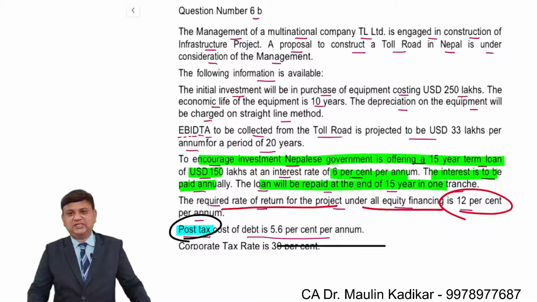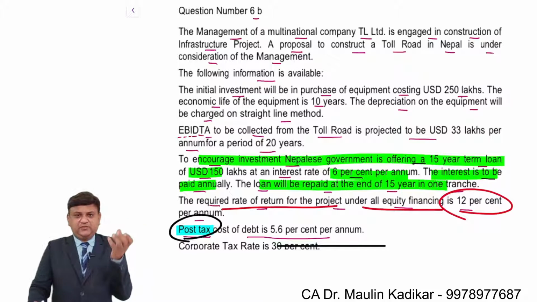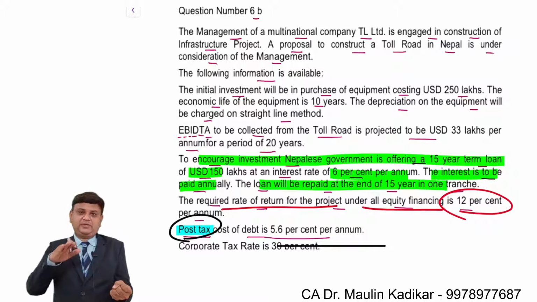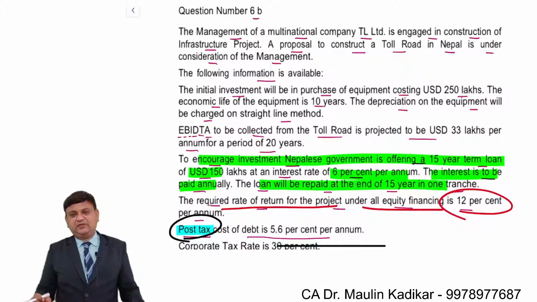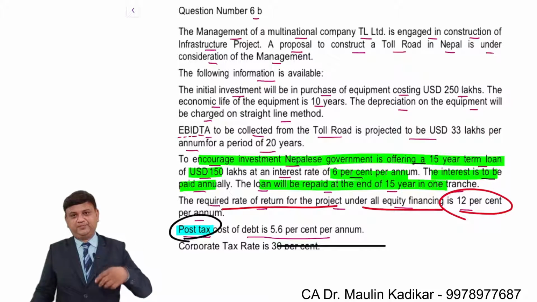A question is how the interest rate is 6 and the cost of debt is 8. Basically, suppose this 6% rate of interest had not been given, then we would assume that we borrow at 8%. And suppose this post-tax cost of debt of 5.6 had not been given, then we would have to take this 6% only for the purpose of discounting.